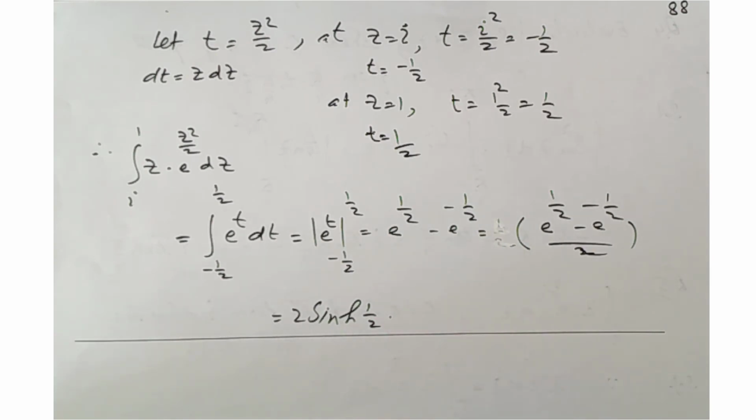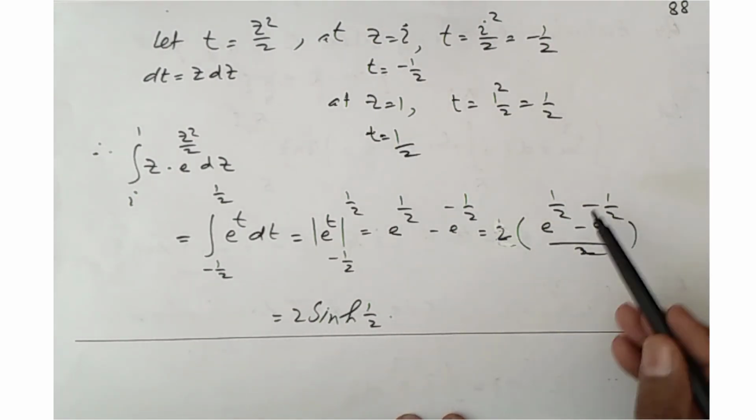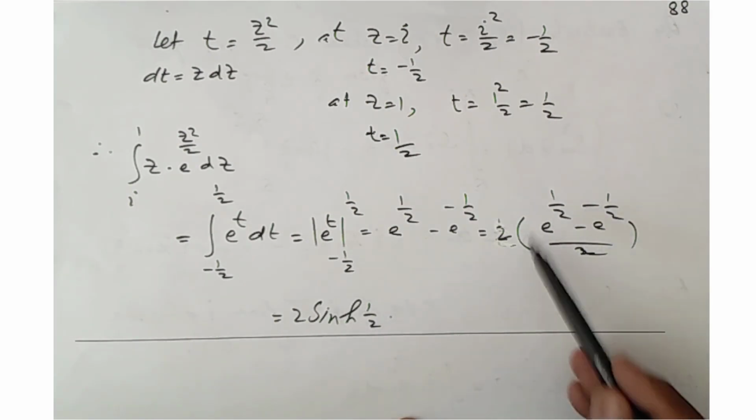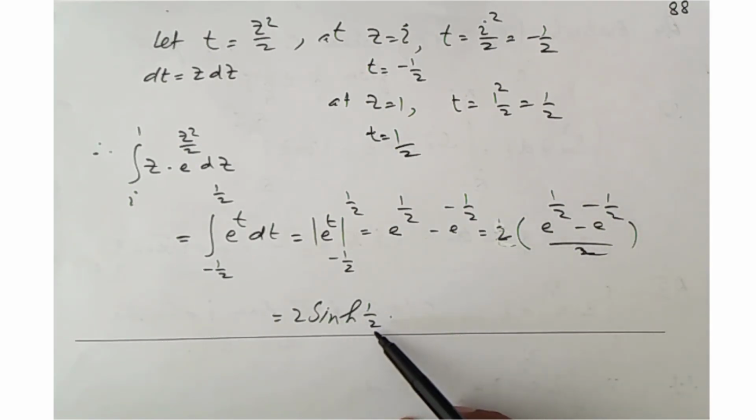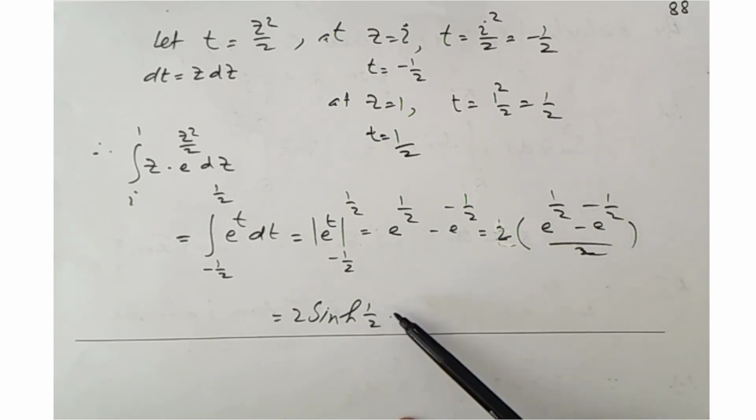Taking 2 as common, we multiply and divide by 2. So this value becomes 2 sinh. This is the formula. Sinh 1/2, and this becomes 2 sinh 1/2. This is the answer.